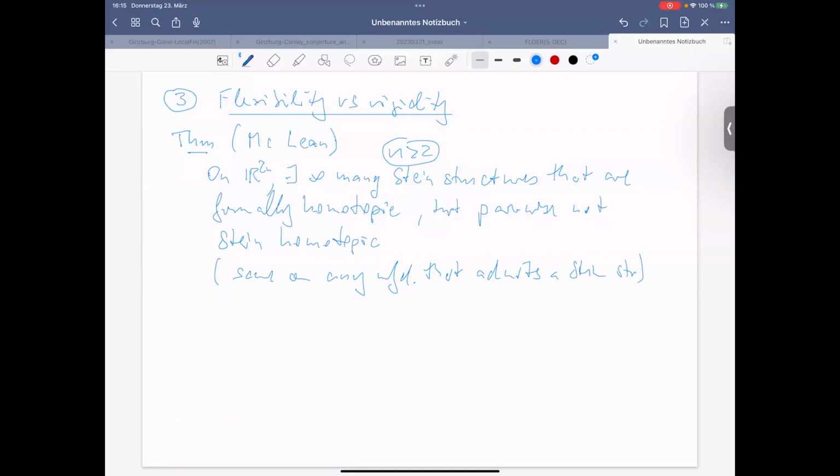So you take any manifold as in Yasha's theorem, which satisfies the topological requirement of admitting a Stein structure, and then there's automatically infinitely many which are pairwise not Stein homotopic. So it fails really in the maximal possible way. I don't know whether it's upside or downside. Maybe some people like h-principles to fail, others like them to hold. It depends on your taste or maybe the time of the day.